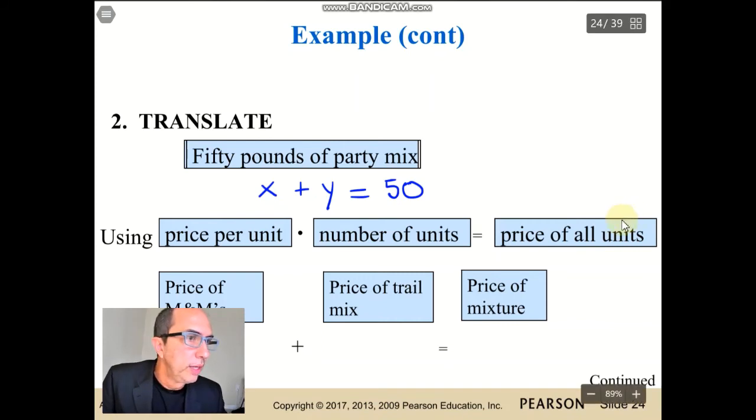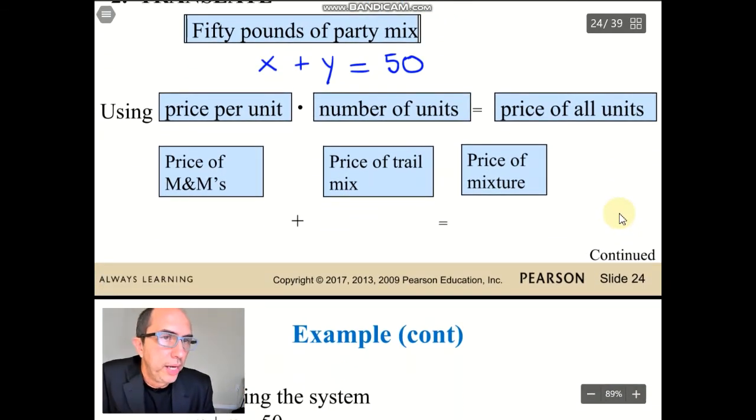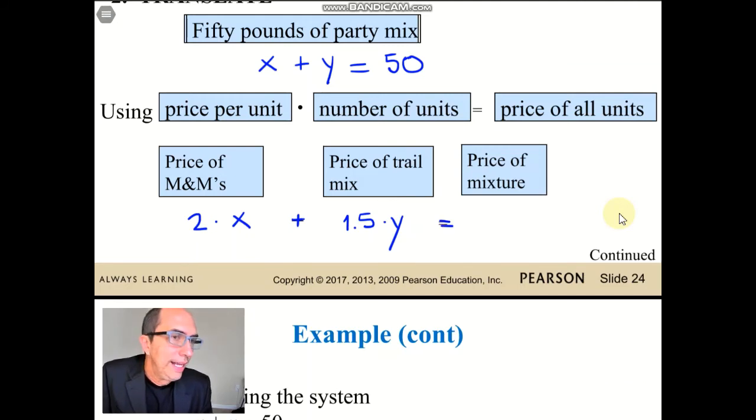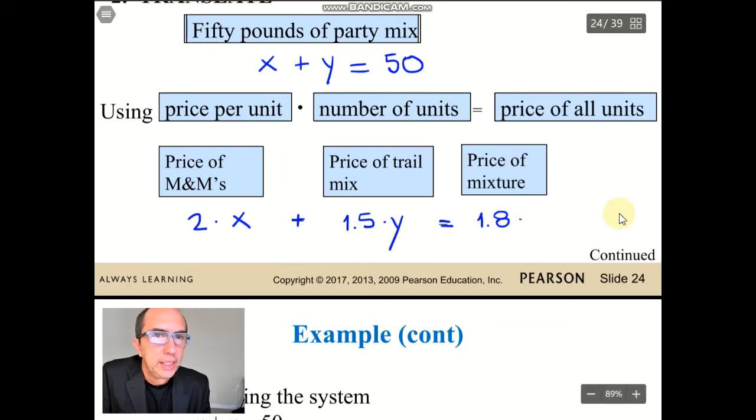The price of M&Ms is $2 a unit, multiplied by the amount of M&Ms, X, plus the price of trail mix, $1.5, times the amount of trail mix, Y. This needs to be equal to 1.8, the price of the mixture, times the total amount of mixture, which is 50 pounds.